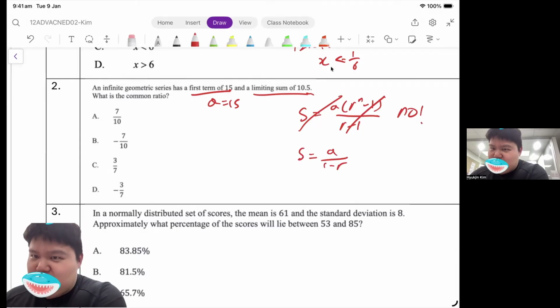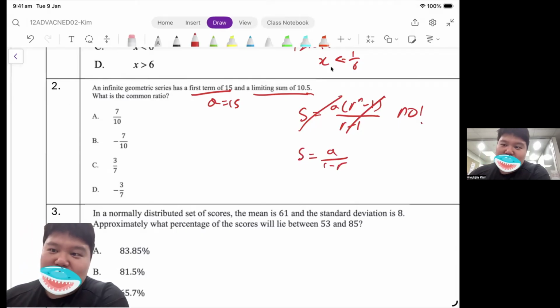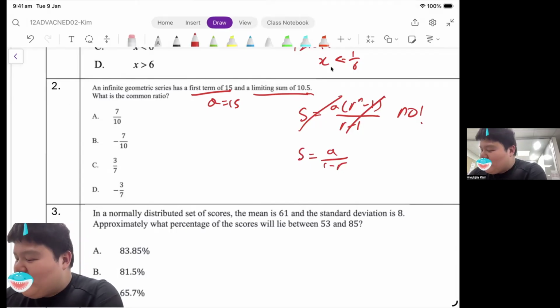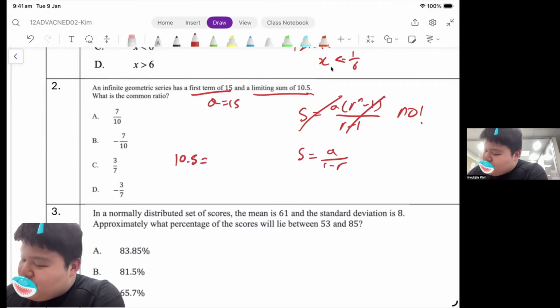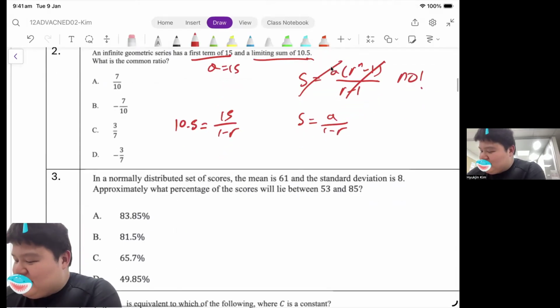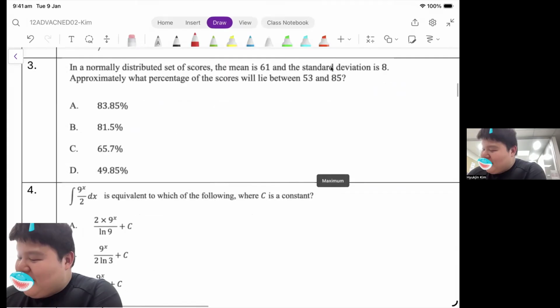Okay, I've shown you guys a proof of it, where when n tends to infinity and r is less than 1, it just diminishes and it just turns into a normal number. So I just need to sub in 10.5 equals 15 over 1 minus r, and you should get the answer. Whatever that is, you should mark it yourselves at that point. I'm not really bothered about that one.